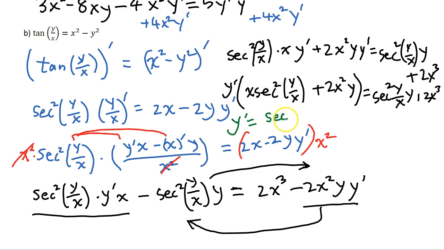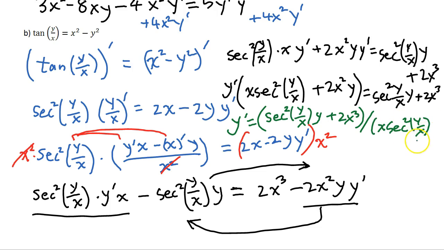It's secant squared y over x times y plus 2x cubed, and then I have to divide this entire thing by x times secant squared y over x plus 2x squared y. Okay, so it's the ratio of this divided by that. That was a really challenging question. All right.